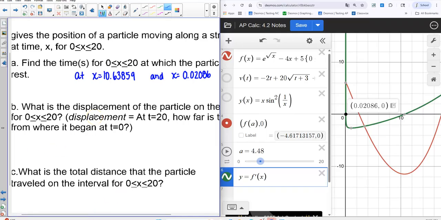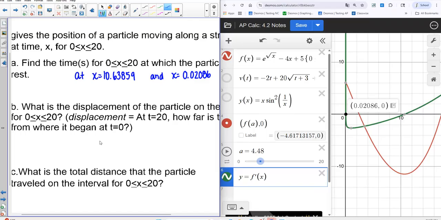Okay, so displacement of a particle. I always use this example. Your displacement is how far you are from where you started. If you ask to go to the bathroom, and you leave my room, and you walk down to this bathroom, and they are cleaning it, and you can't go to that bathroom, and then you turn around and have to walk down here to this bathroom and go here.